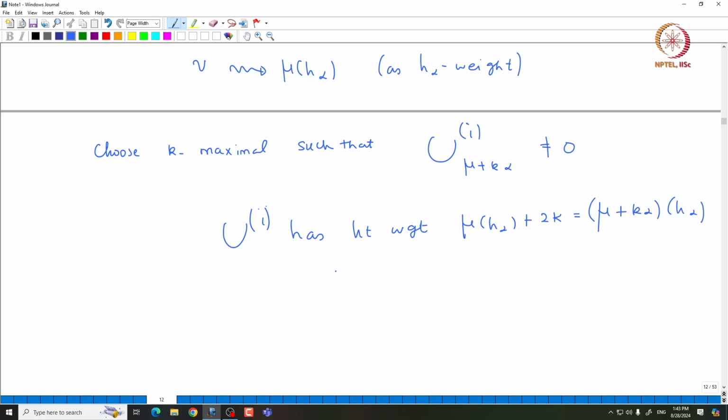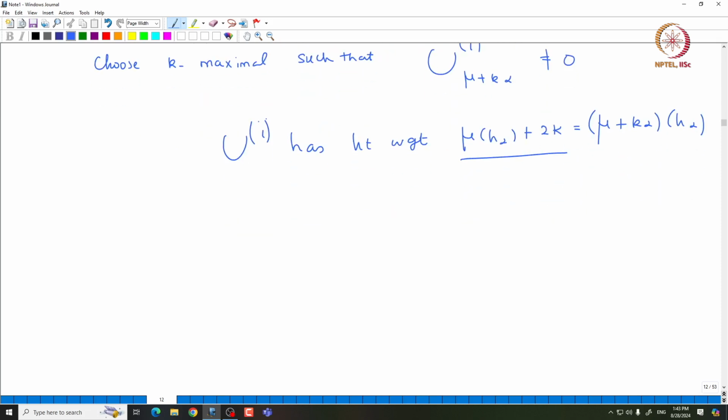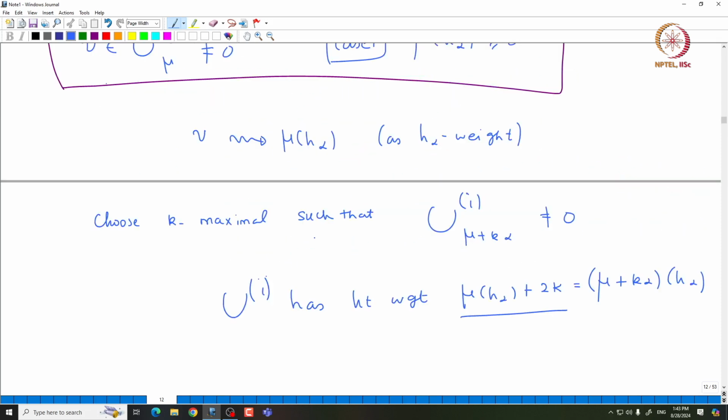So, in particular this irreducible component U I is isomorphic to the highest weight representation corresponding to mu of H alpha plus 2k. Now, what does this mu weight space correspond to?